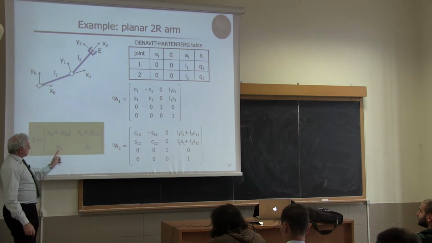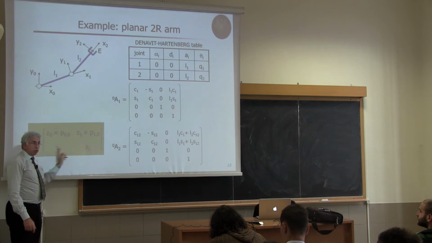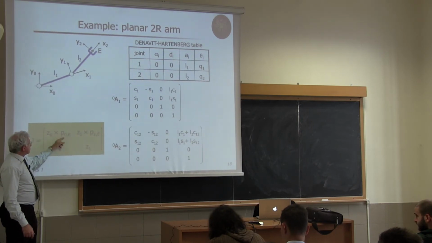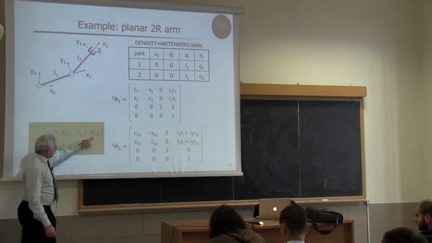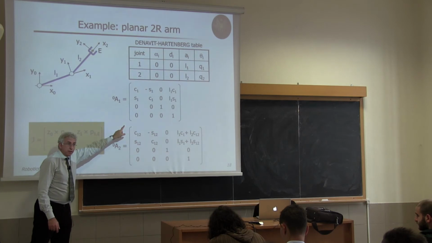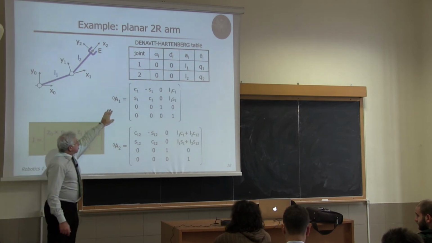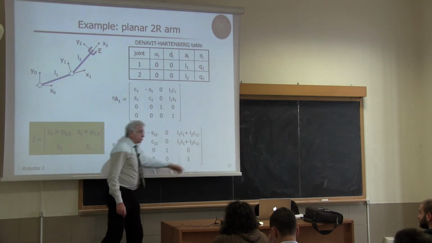So z_0 on the angular part and z_1 for joints 1 and 2. And here the vector product, z_0 times from origin to end effector, or from origin of frame 1 to end effector.